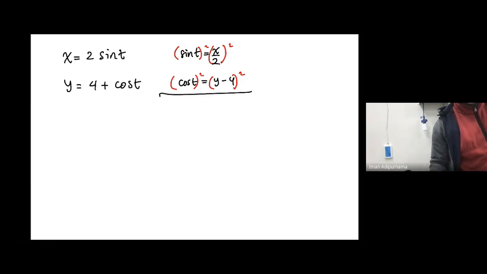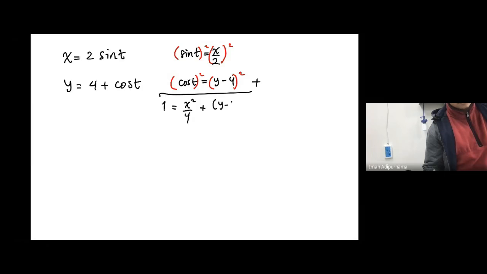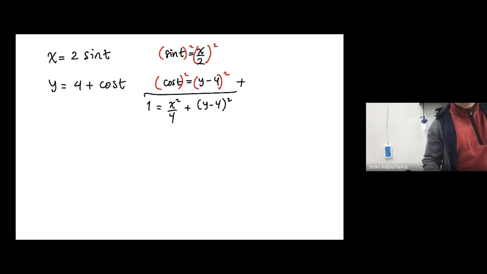And then just add this. So this will be 1 equal. Let me just square: x squared over 4 plus. No need to expand, okay? No need to expand. This is an ellipse.